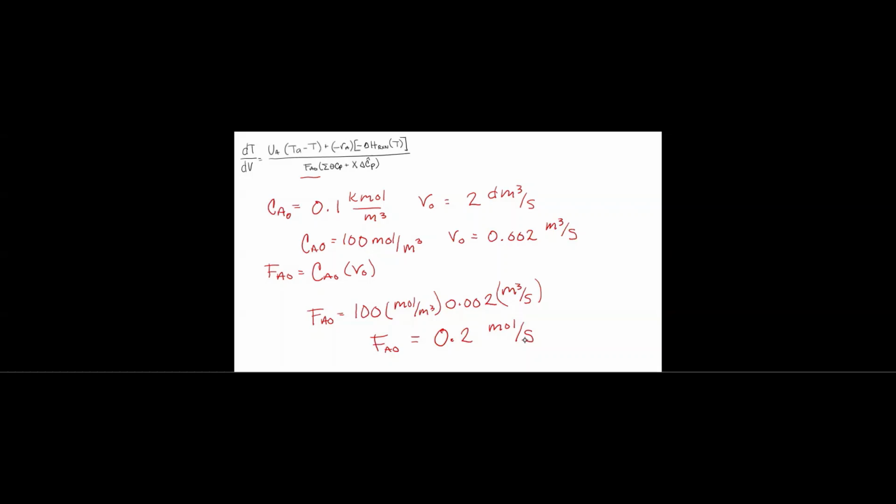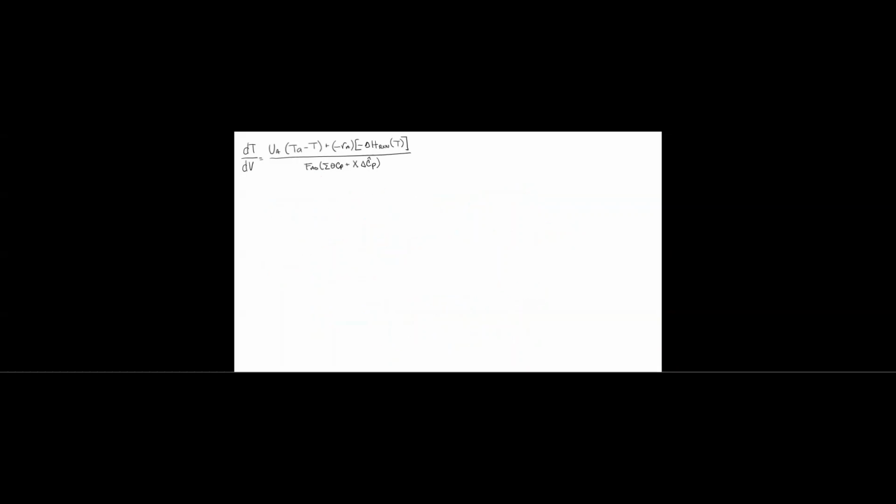That one is done. So our last step in our energy balance is going to be figuring out this last term. So we have two parts of that. The first part we will look at is that sum of our theta times our heat capacities.